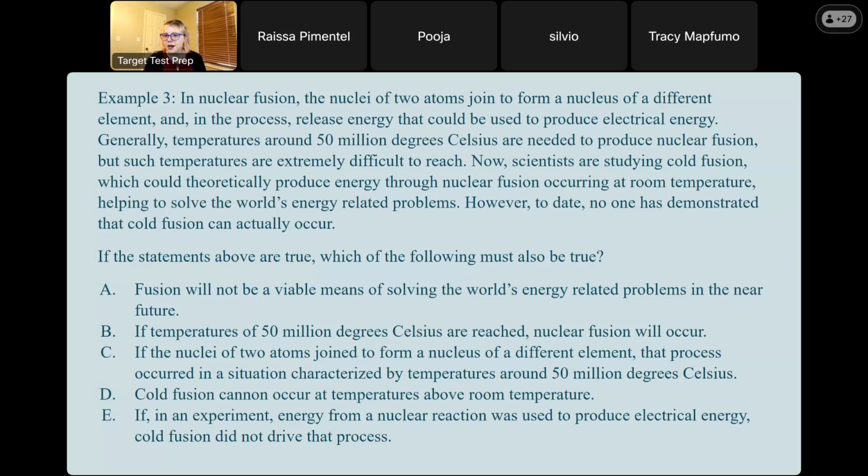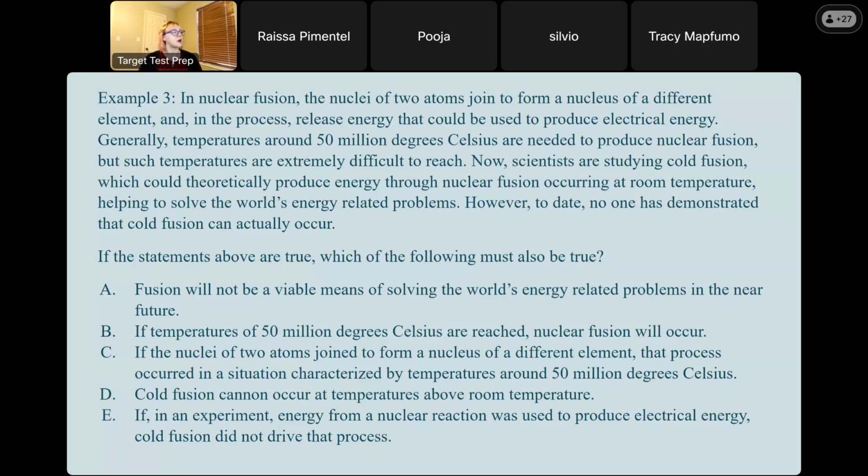Josh, I'm not 100% clear on what you're asking. If you want to rephrase a little bit, on C is also assuming that since we haven't found cold fusion to be true yet, it does not exist, right? It's not necessarily assuming that.